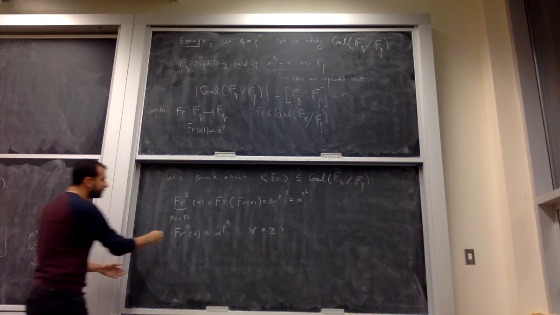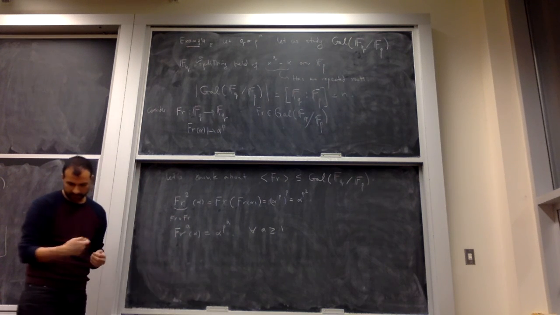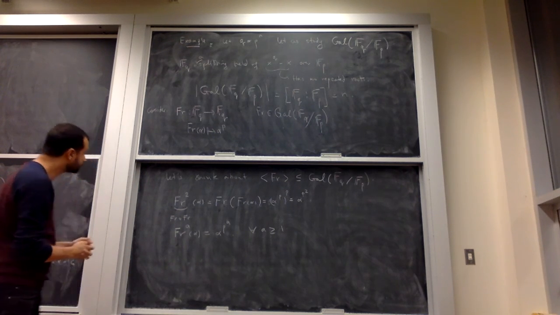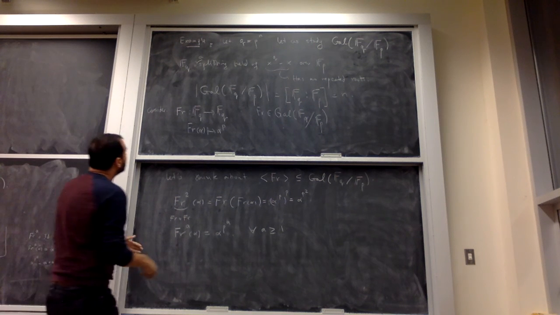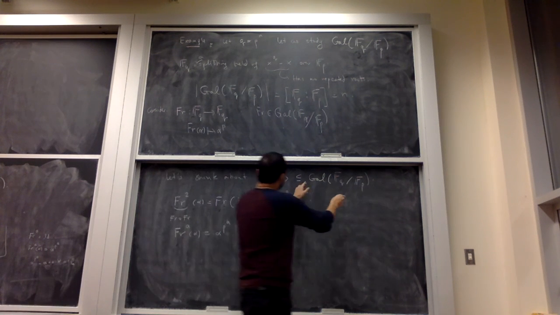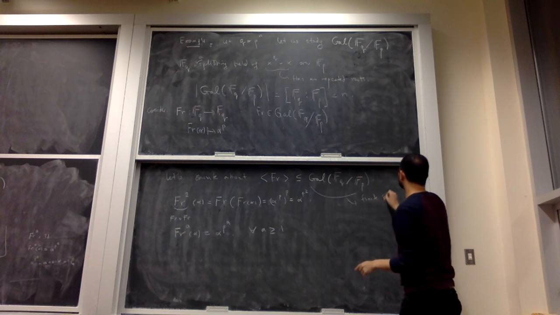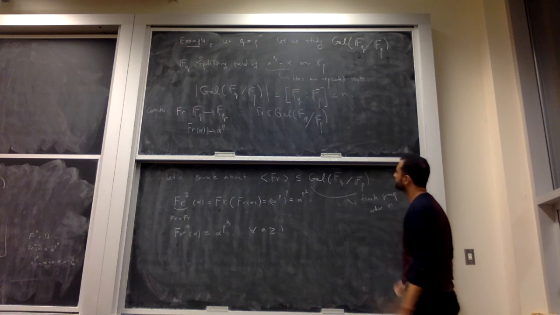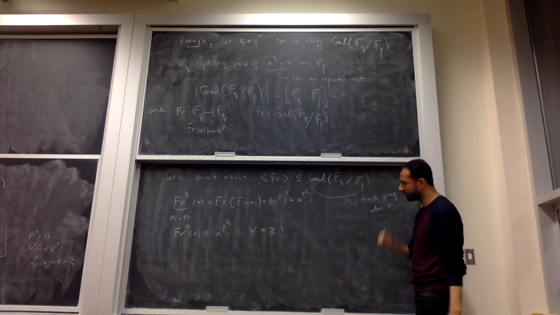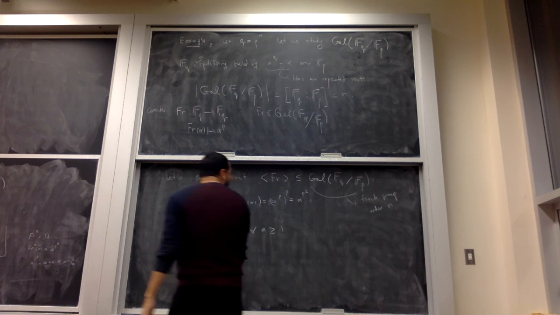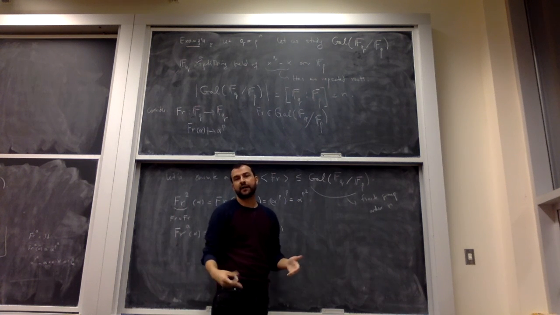So these are powers of the Frobenius, compositions of Frobenius with itself. Now, this Galois group is a finite group of order n, Q being p to the power of n. Any element of a finite group has finite order.